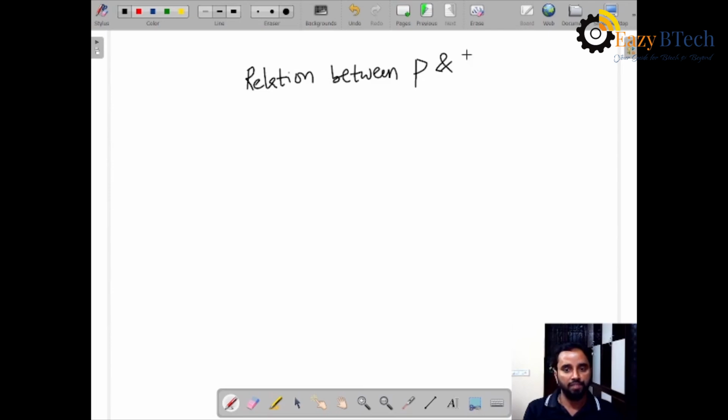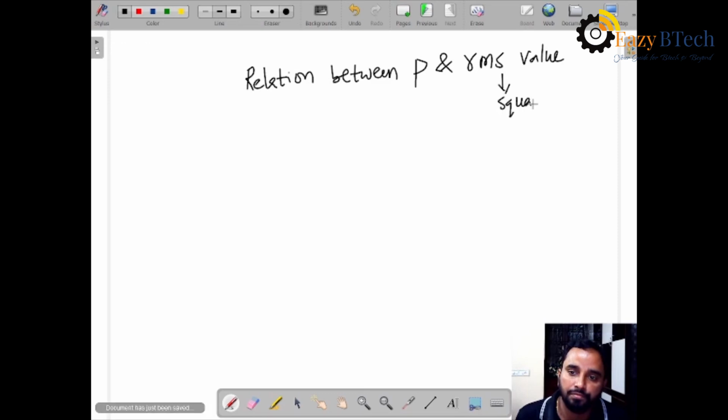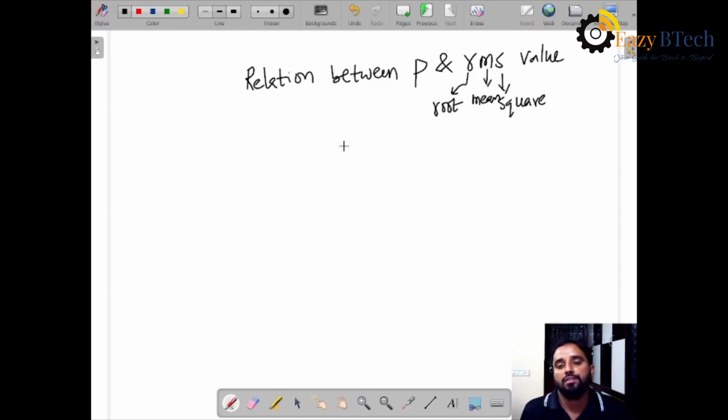RMS value means root mean square value. M means mean, R means root. Root mean square. Okay. So first, the mean square value we know already.